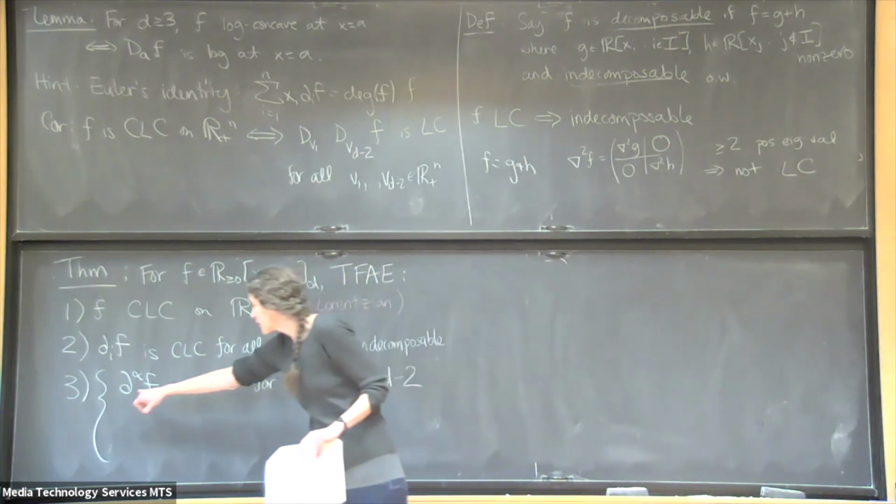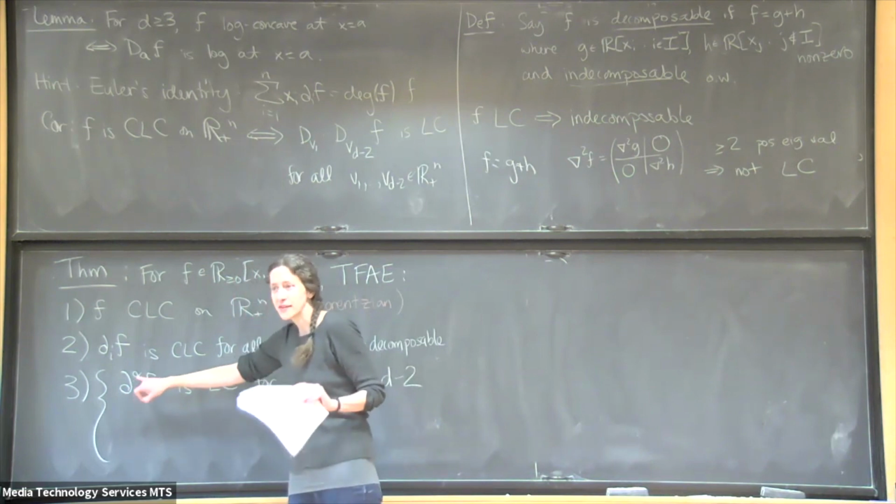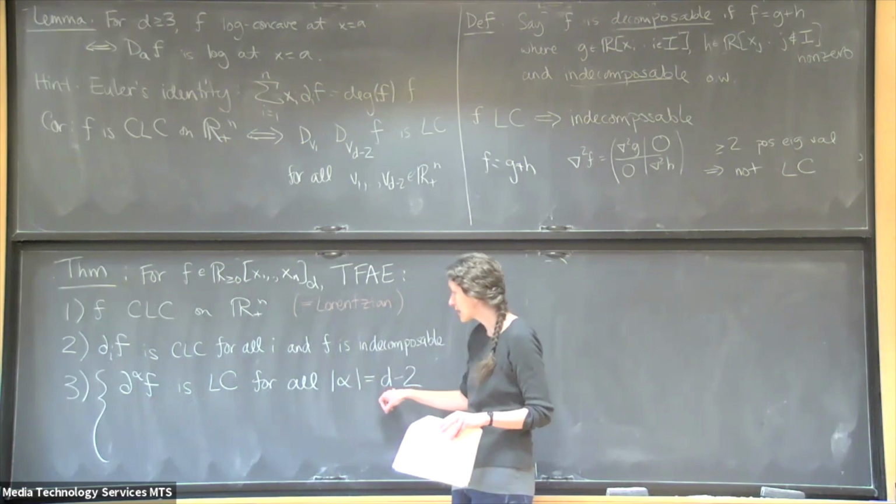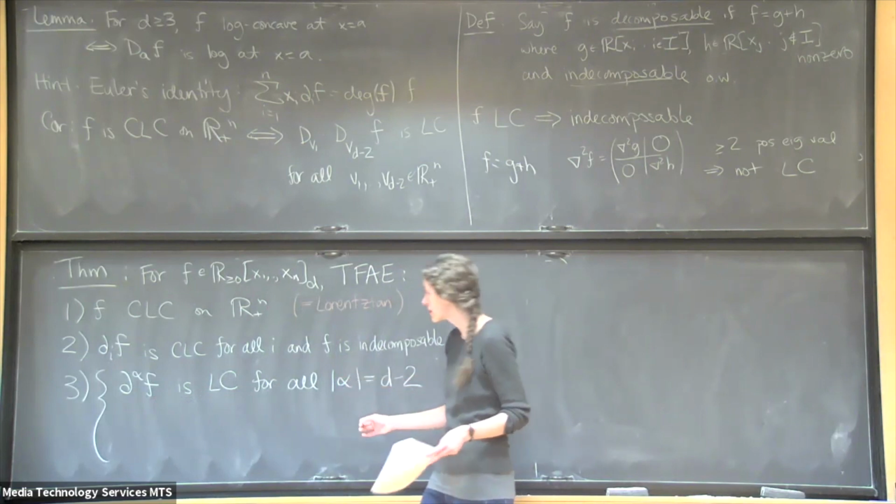So remember, this is sort of a monomial of derivatives with respect to a variable. But do that however you can to get down to a quadratic. I want it to be log-concave on the positive quadrant.